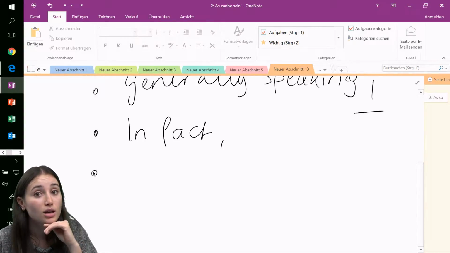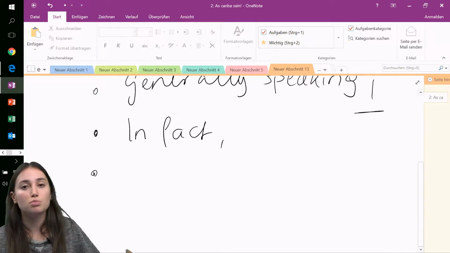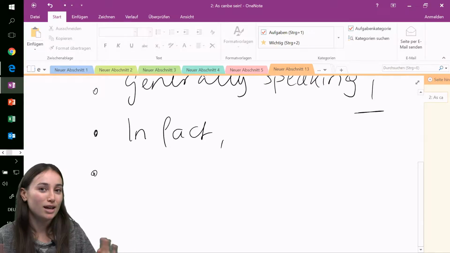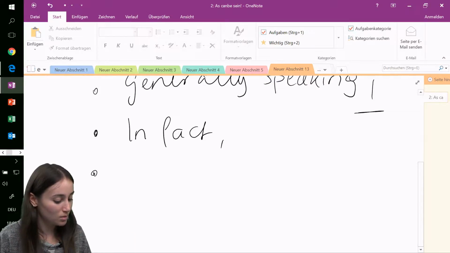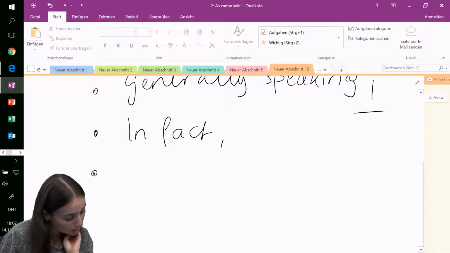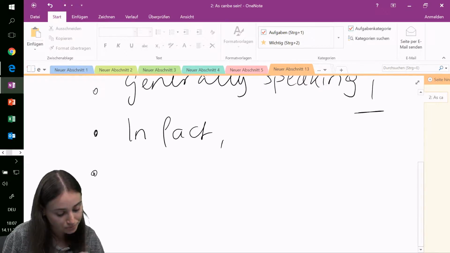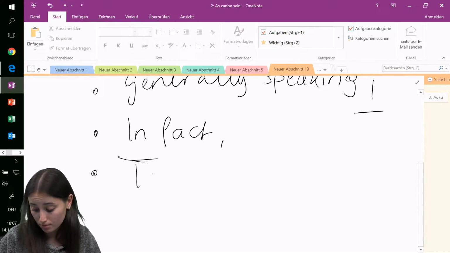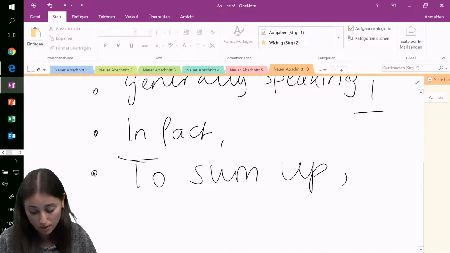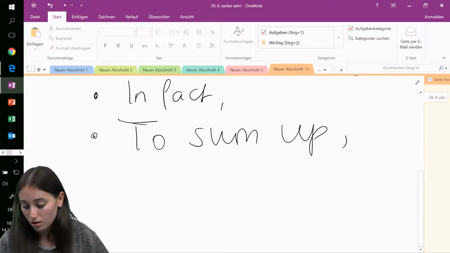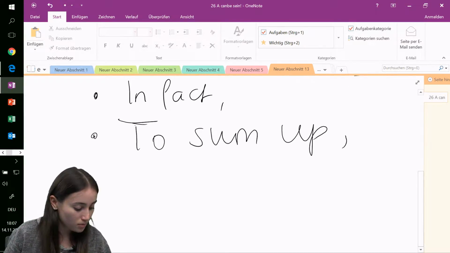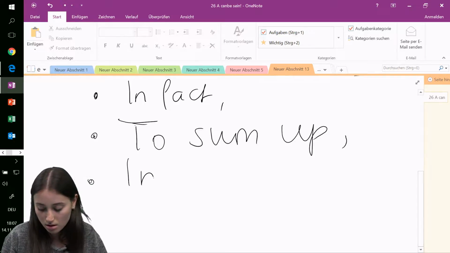In fact, it is the most popular sport of all times. I don't know if it's true. I don't think it's true. It's also very subjective. But it was just an example. Okay. In fact, to sum up, so this is very, very common when talking about a conclusion or to give a conclusion. In the final analysis.